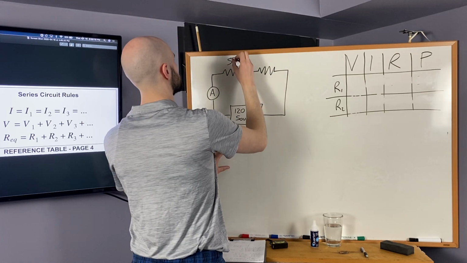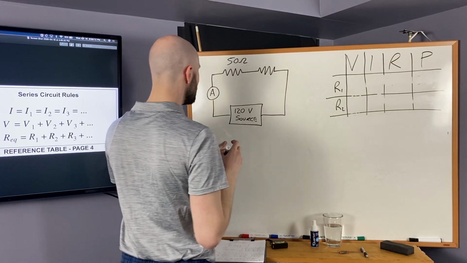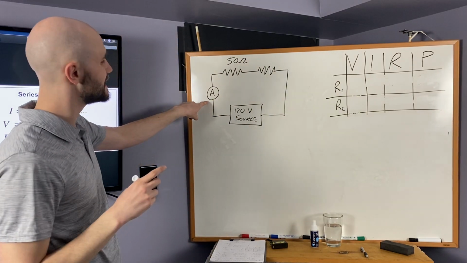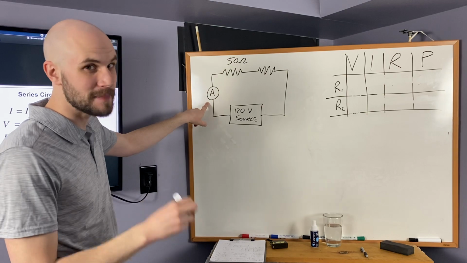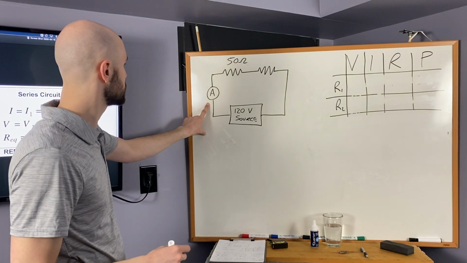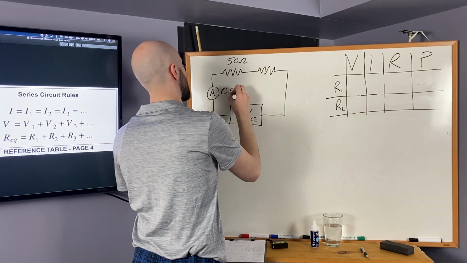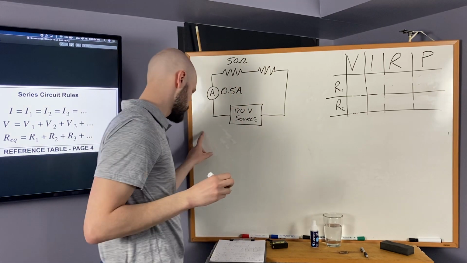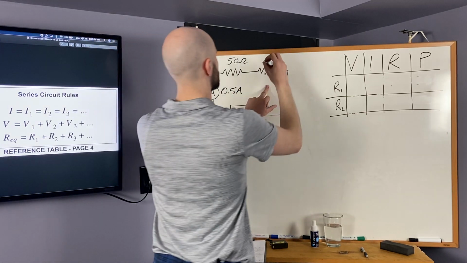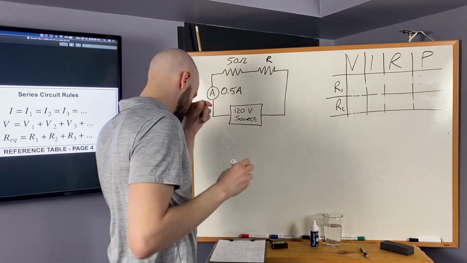It was given that this is 50 ohms. It was also given, what does this A mean? This is an ammeter. It reads the current through our circuit. And the current was given to be 0.5 amp. This resistor was just simply labeled R.